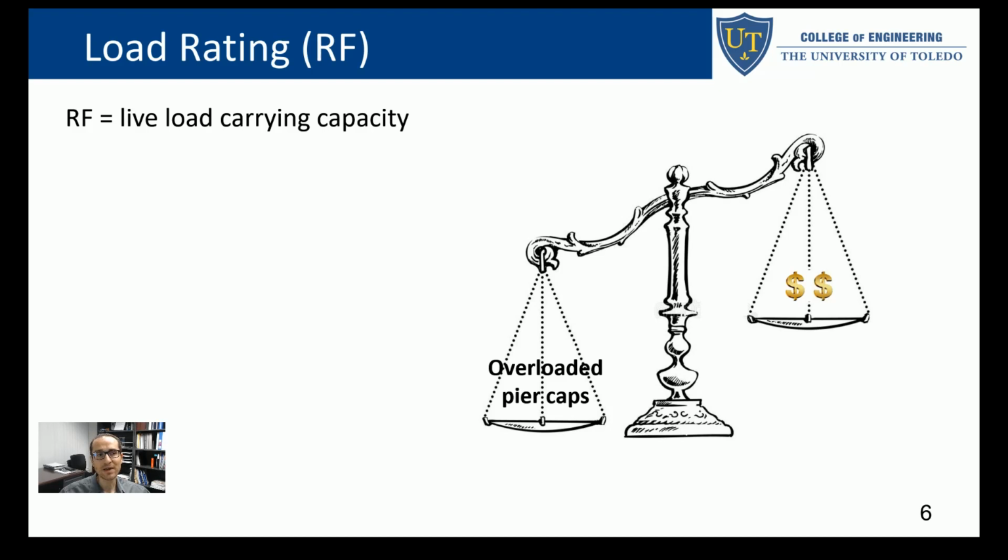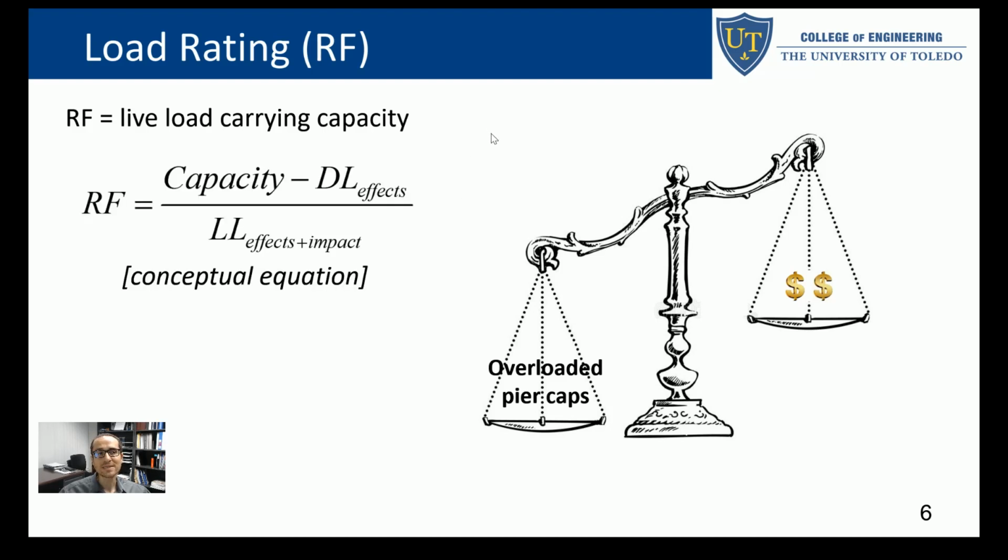Just as a reminder, load rating is the live load carrying capacity of a bridge. This is a very rough conceptual equation. It's an ultimate limit states design. You need to factor everything, but essentially the capacity includes dead load and live load capacities.